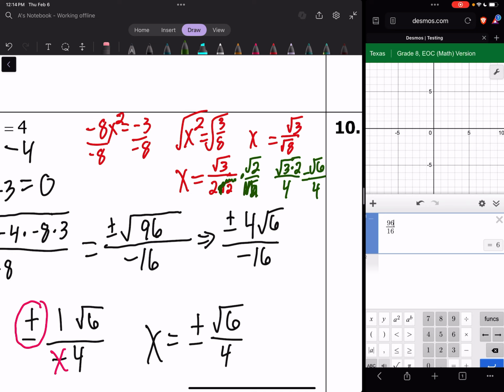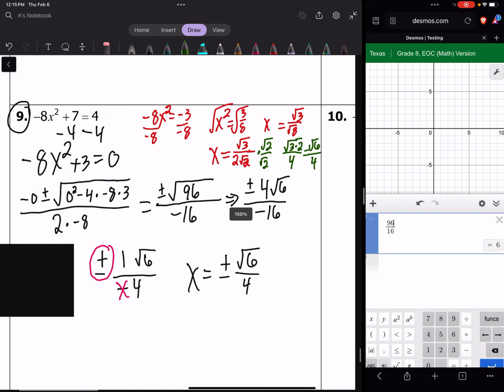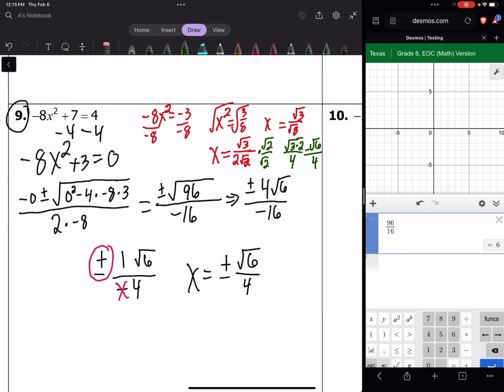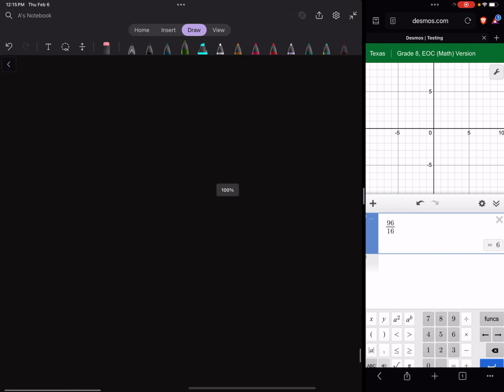I would do it in the red way, and I would have stopped at 2 square root 3 over 2 square root 2. But anyway, there's both methods. Whichever one you think would be simpler is the one you should use.